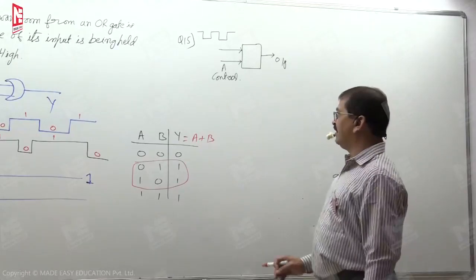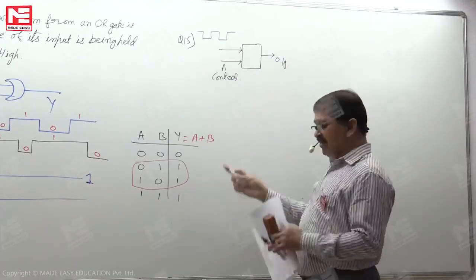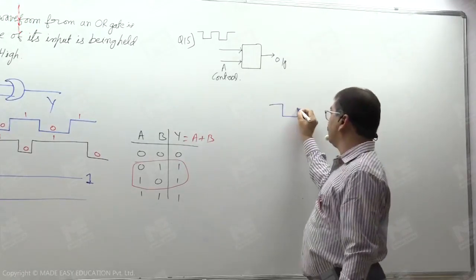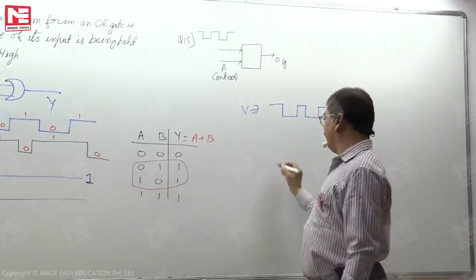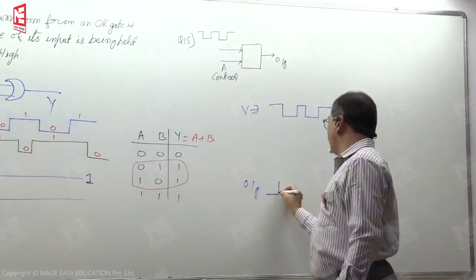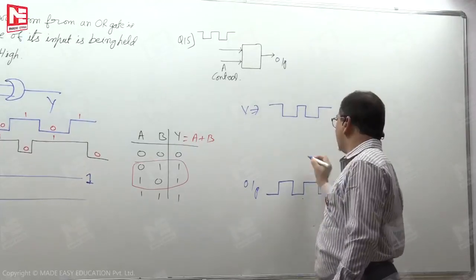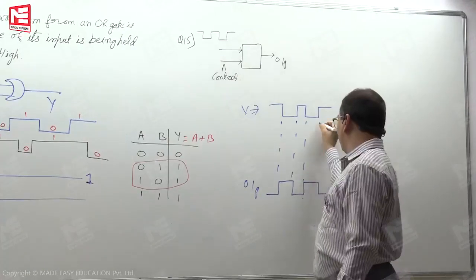So what is mentioned is that the waveform we have here is resulting from the output as an inverted waveform whenever the control input is 1.